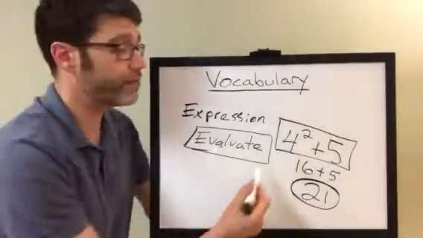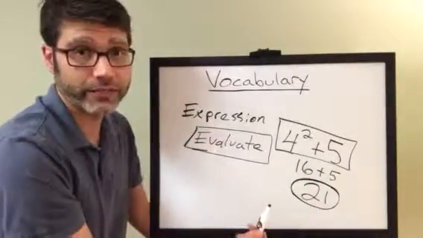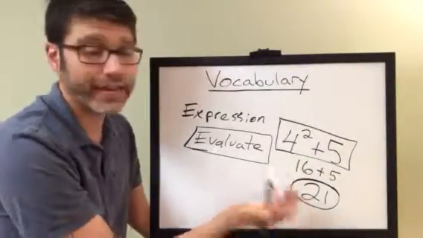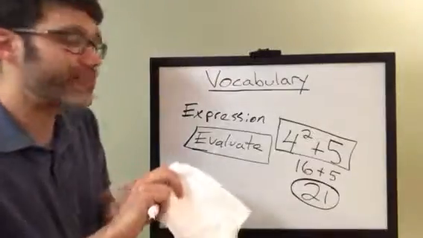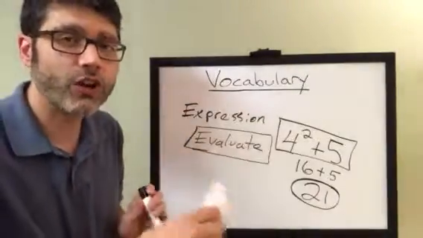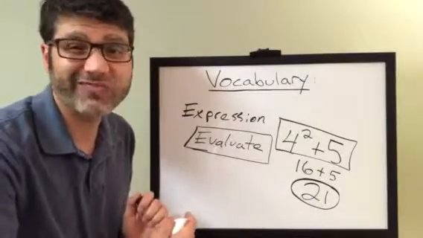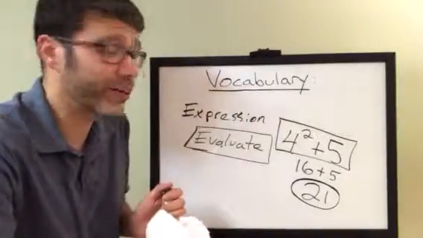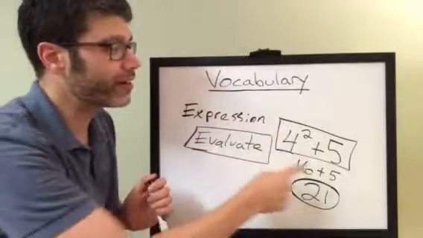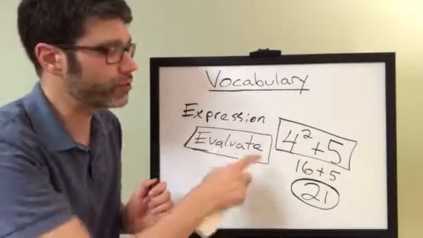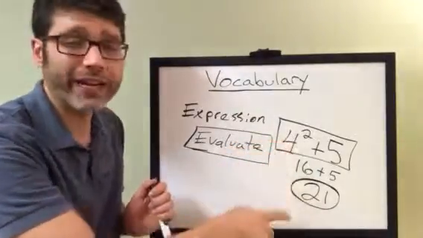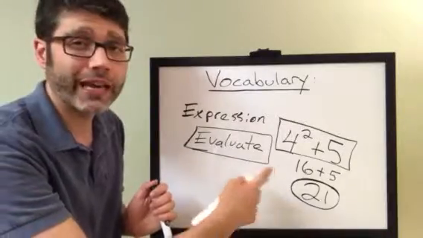So I could say that I would be evaluating this expression and I would then get 21. That is different than solving, because solving would be implying that there is a variable that I don't know what it's worth and I want to figure that out. Here there isn't a variable that I'm solving for, so I call what I'm doing right here evaluating an expression.